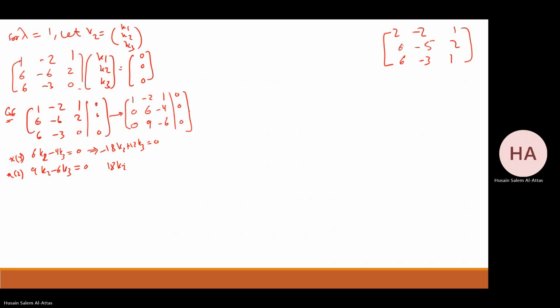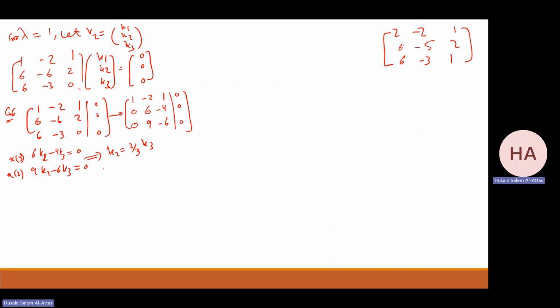18k2 minus 12k3 equals 0. So I'm getting 0, 0. So these two equations are the same. So no need to do anything. I can just write k2 is 2 over 3 k3. Substitute in 1.